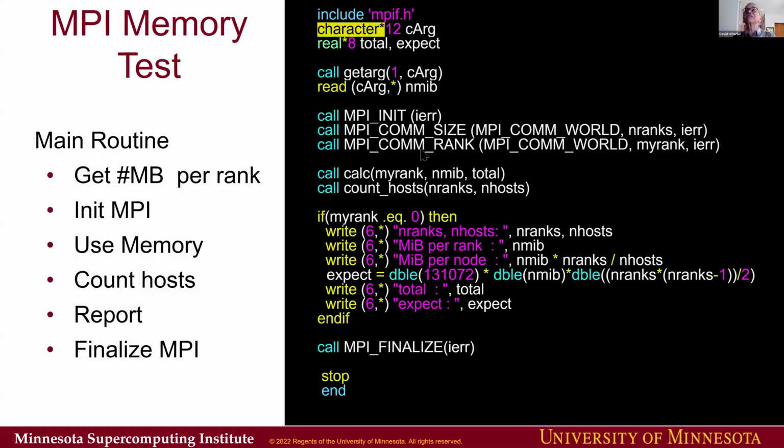So one of the most basic things you can do, once you've done this MPI_Init, is you can do calls like MPI_Comm_size to get the number of ranks that you started up. Similarly, you can do this MPI_Comm_rank that will return the rank that this particular process is running under.